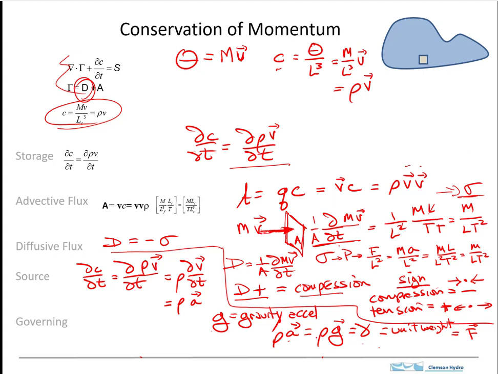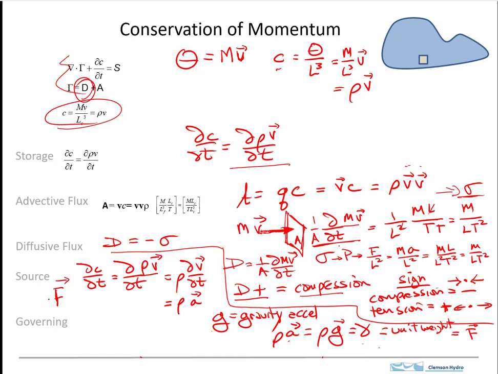And unit weight is then this body force that's a source of the hydrostatic pressure. Okay, so we'll say the source will represent as F. And we'll think about it in terms of the unit weight as one case. There are going to be other potential sources of momentum, but this will be the most common one.